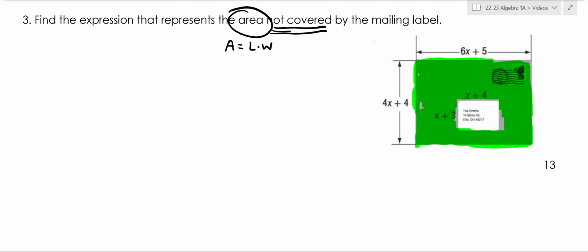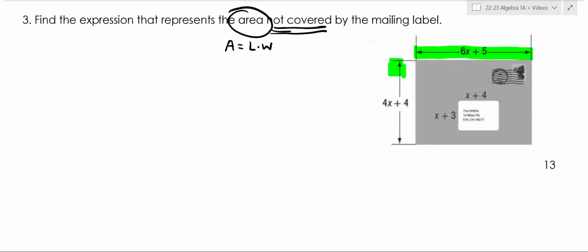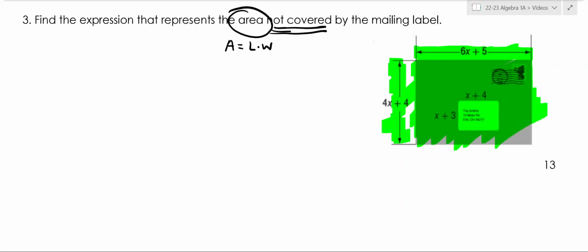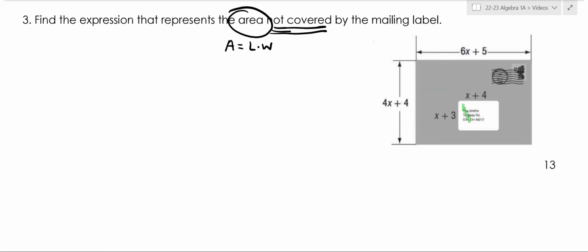Now, if we use this length and this width, when we calculate the area, we're going to get everything, including the label. So that's not what we want. If we use this one and this one, then we're going to get the area of the mailing label, and that's not what we want.